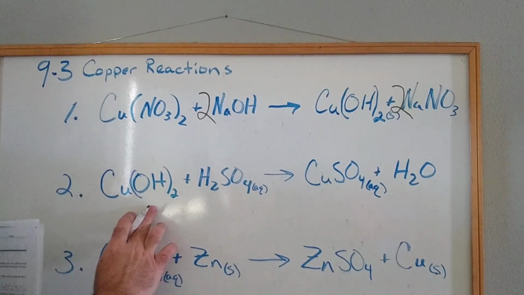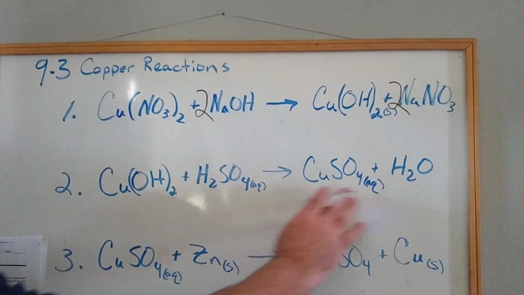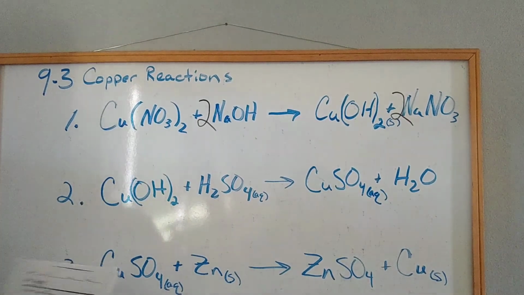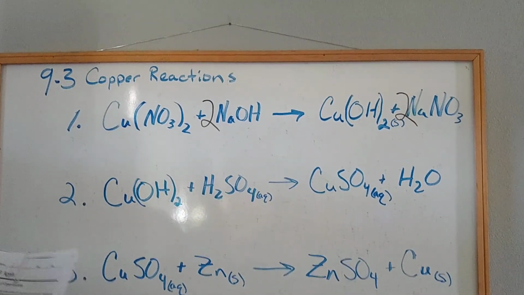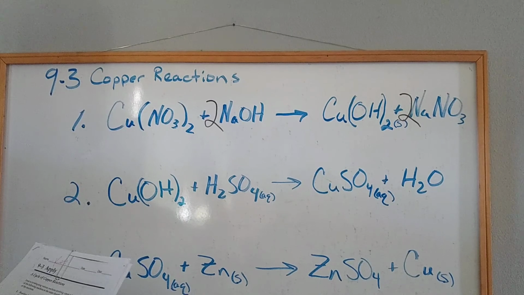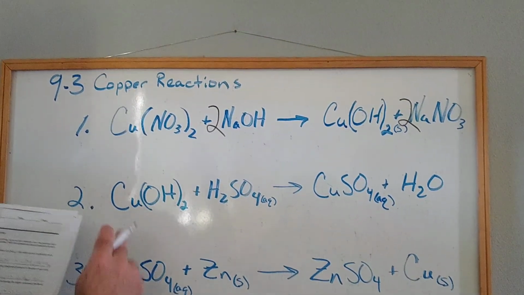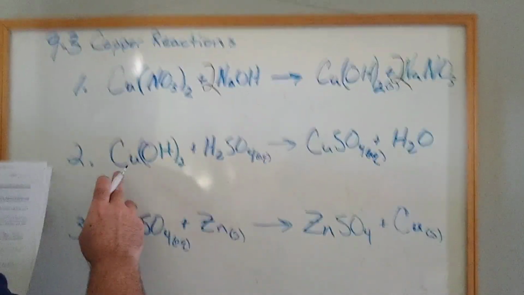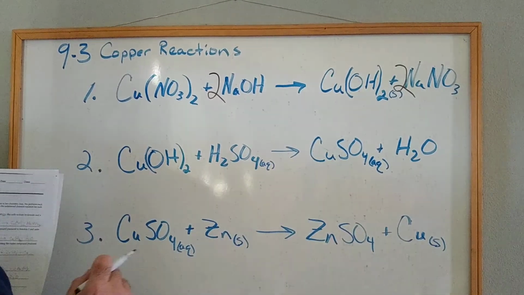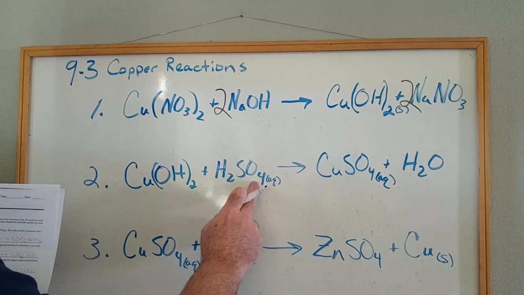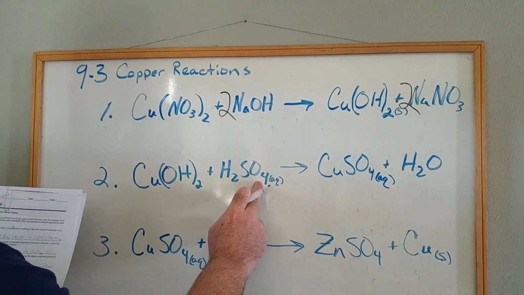On this one here, it's a little bit different. Our hydroxide doesn't stay together. We get water and an aqueous solution of copper. So we have to break this one down as we have before. We take a look at it, and initially, let's count what we have on each side. 1 copper, 1 copper. Good. 2 oxygens plus 4 oxygens is 6.